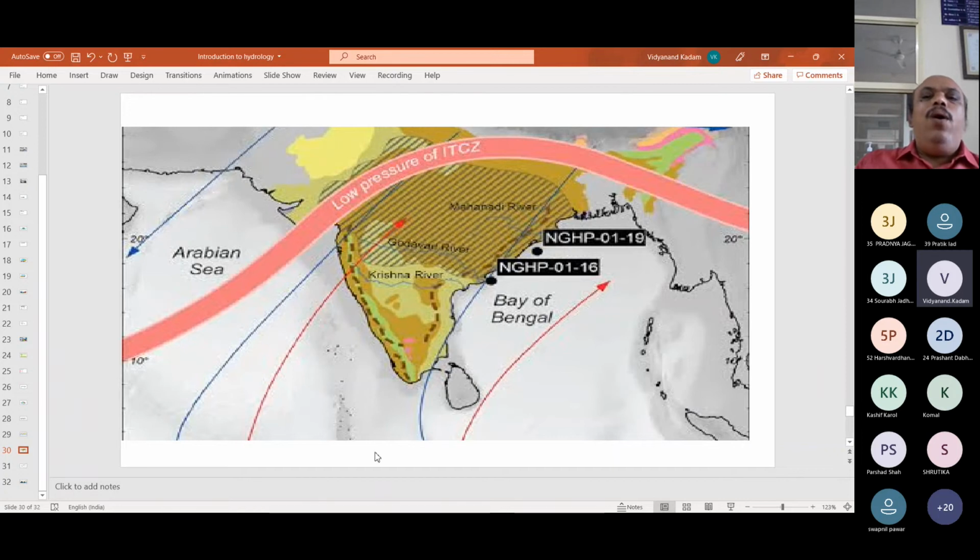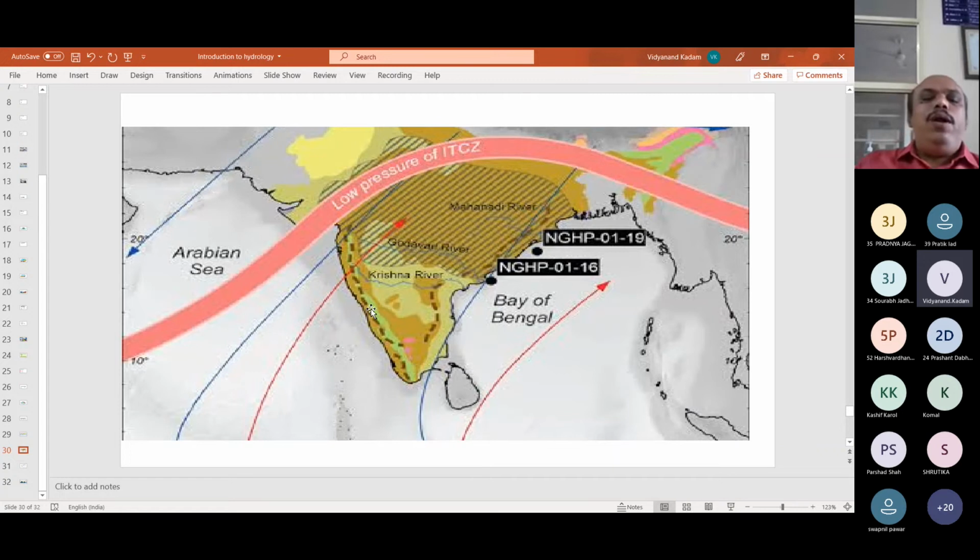And due to that, after September, the wind is flowing from the Indian continent towards the sea. Again, the precipitation takes place, rainfall takes place. That is known as the retreating monsoon. Retreating monsoon starts from October and continues for the next 4 months.